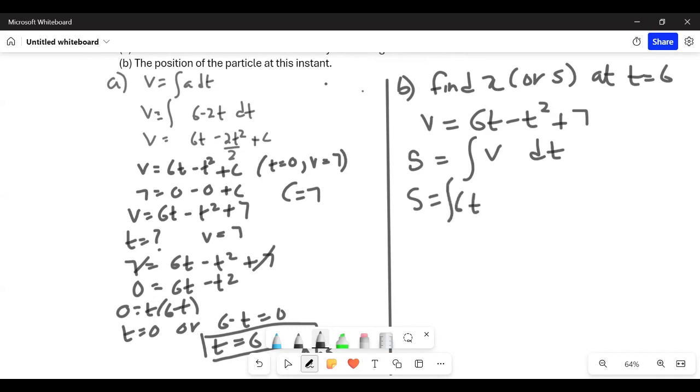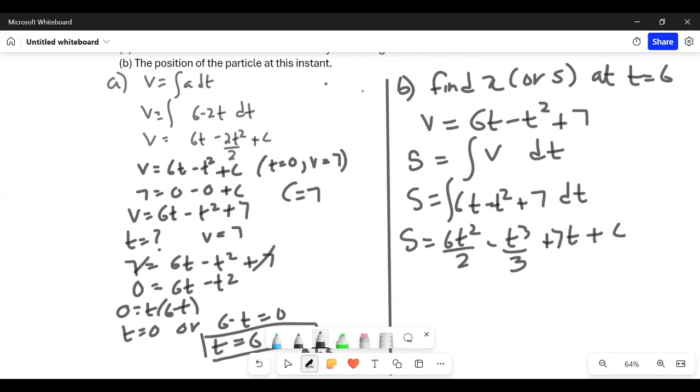Integrate 6t minus t square plus 7. So we get 6t square upon 2 minus t cube upon 3 plus 7t plus c.